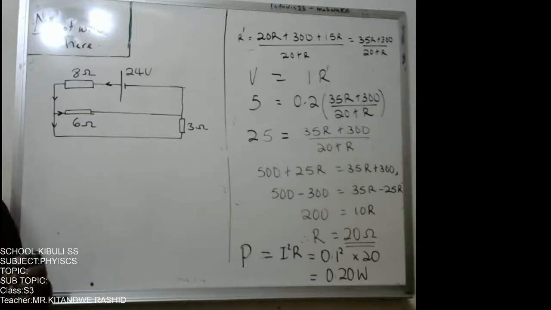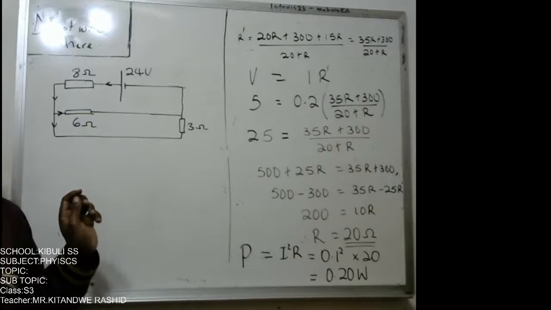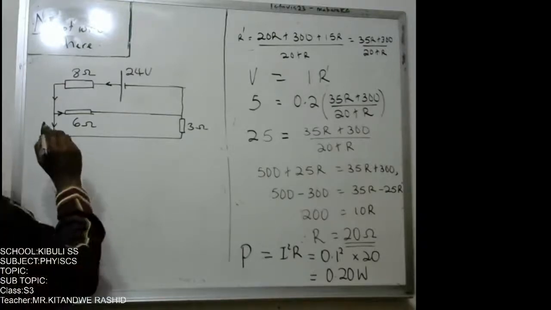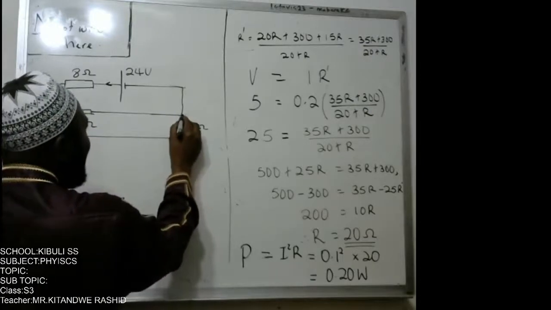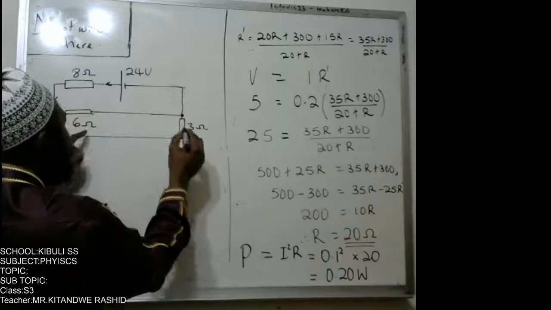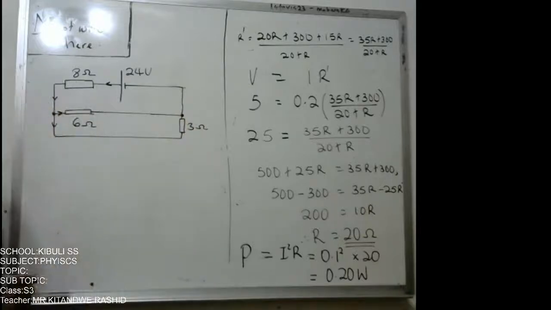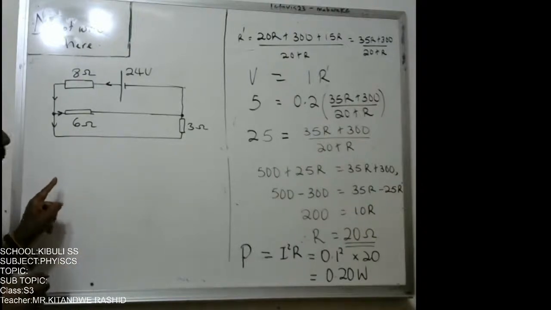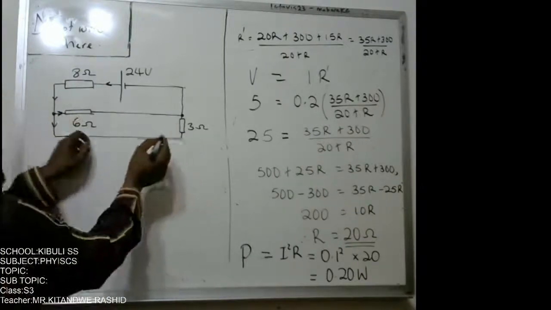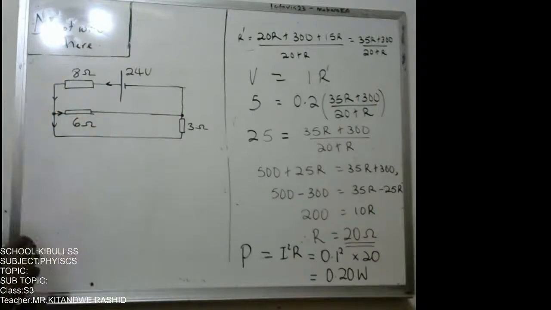But where you see subdivision of current, it implies we are now in a parallel setting. Are you getting it? And you could say the terminal here and the terminal here are being joined by the two resistors. So it implies the two resistors are in parallel, the resultant of which is going to be in series with the 8.